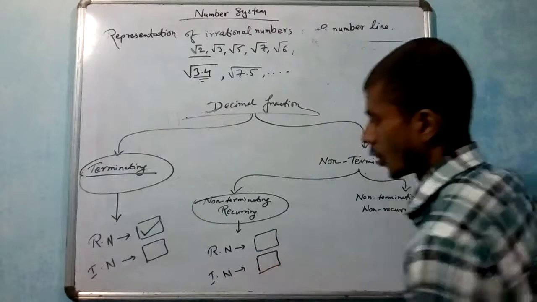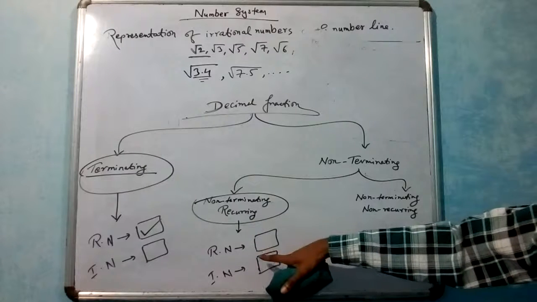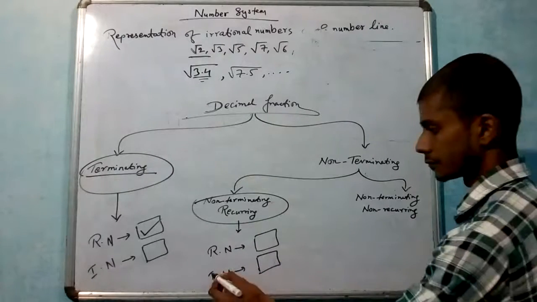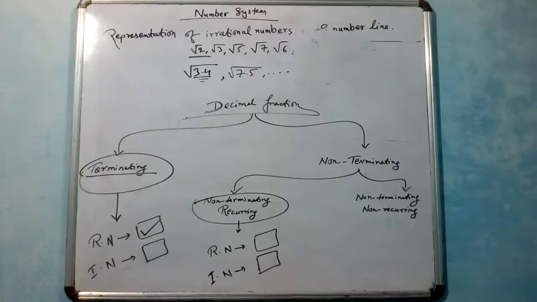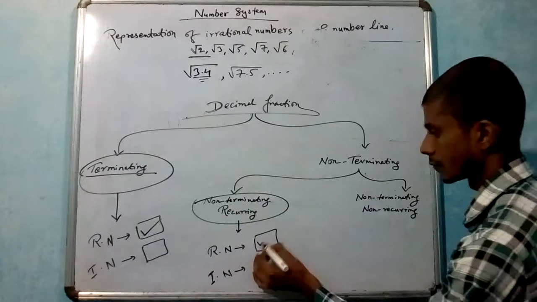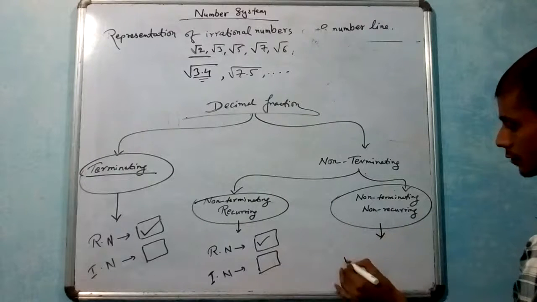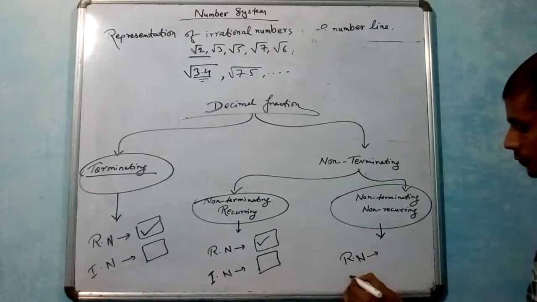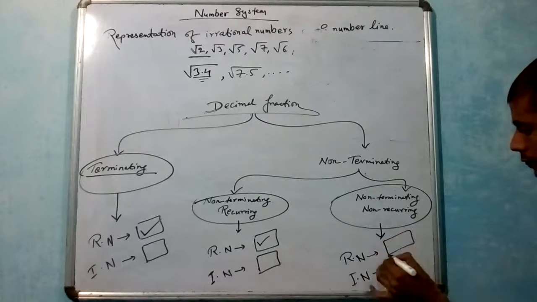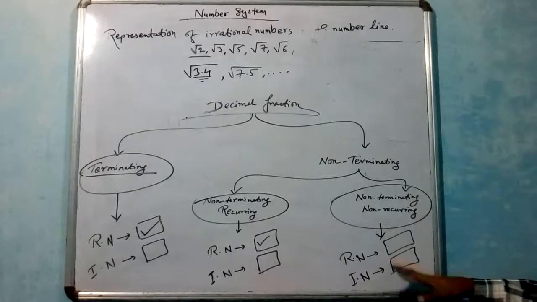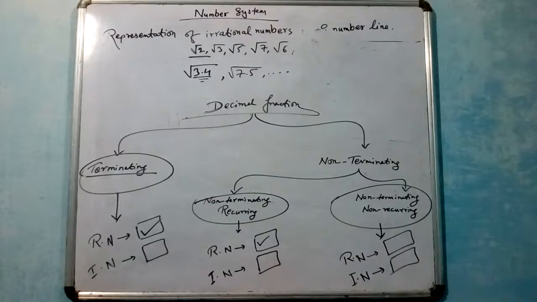Tell me. All the non-terminating recurring ones, those which are getting repeated, are rational or irrational? Rational or irrational? Okay, good.